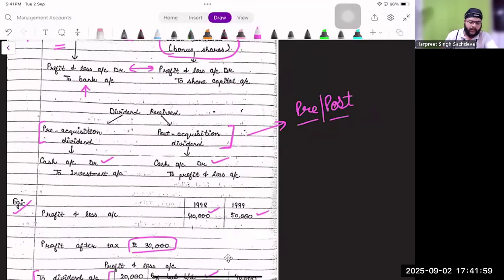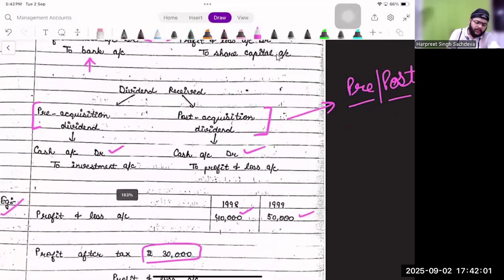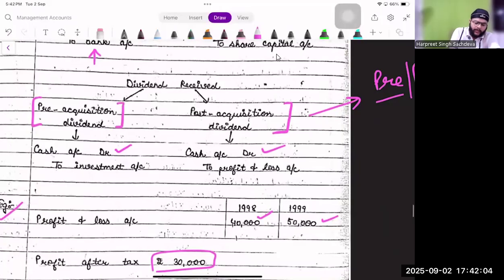Yes, advance accounting. So pre-acquisition dividend meaning क्या होता था इसका? Pre-acquisition means you are getting a dividend for the period prior to the acquisition. And here you are getting a dividend for the post-acquisition, means actual one.